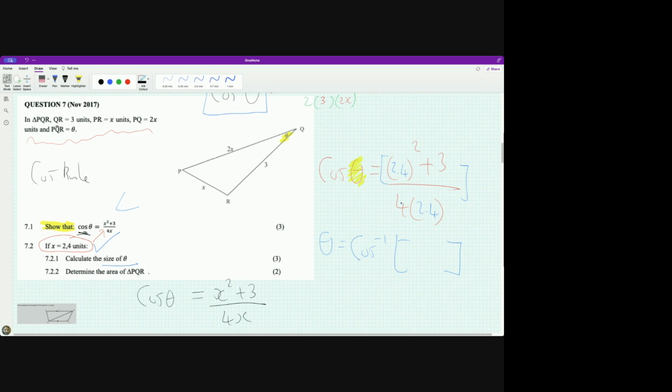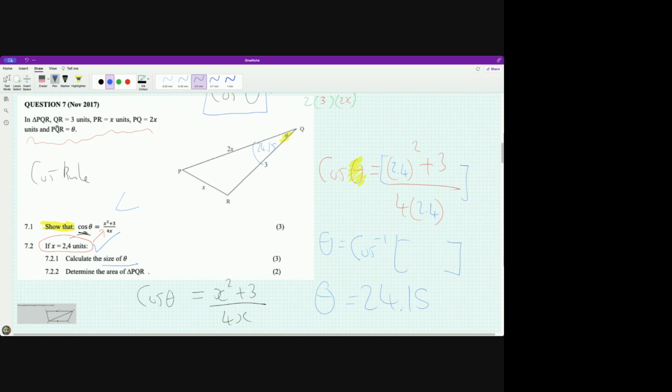So let me go shift, cos, fraction button, 2.4 squared plus 3 over 4 times 2.4, close brackets, equals, and what I get is theta is 24.15, because I'm rounding up, so 15. So this angle is 24.15.